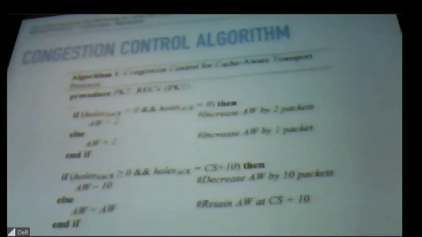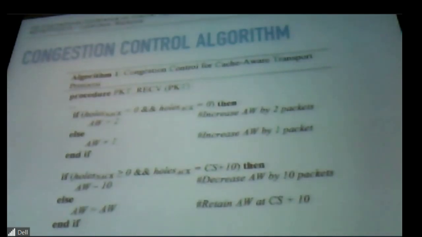You cannot increase the window using a large value because of the bandwidth delay problem. If a NAP with holes is received, we still increase the window by 1 packet. We cannot decrease lower than the AW, or the value of the cache size.